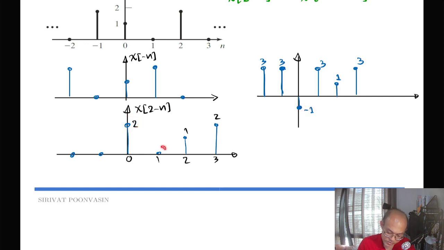And 0 is 3 again. Now 1 multiplied by minus 2 is minus 2, plus 3 is 1. Okay, and 2 multiplied by minus 2 is minus 4, plus 3 would be minus 1. So this one is not correct, has to be minus 1.